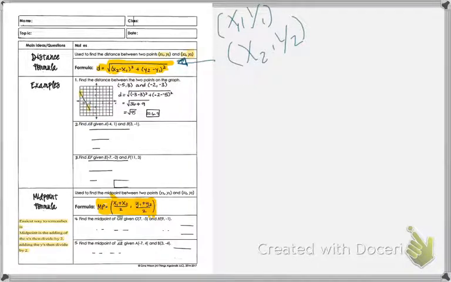Okay, so if we're going to find the distance for these, all they did was simply substitute into the formula.